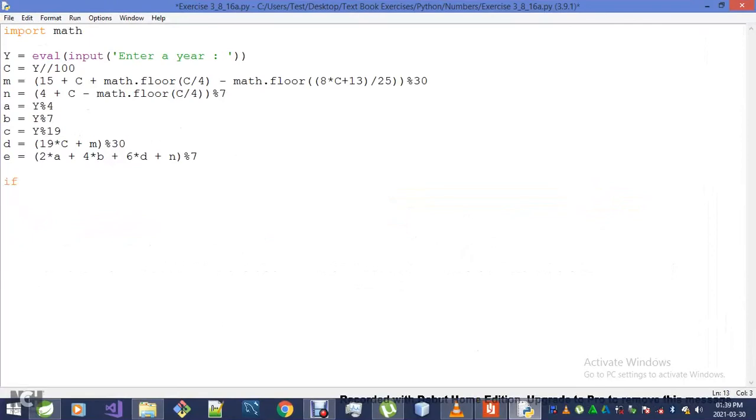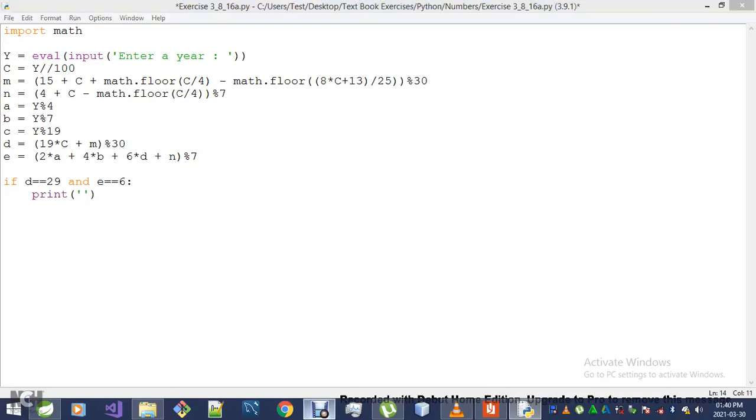Again, I'm afraid we're going to have to apply things that we haven't covered yet, like conditionals. I'm saying if this is the case, then I will simply print the date.